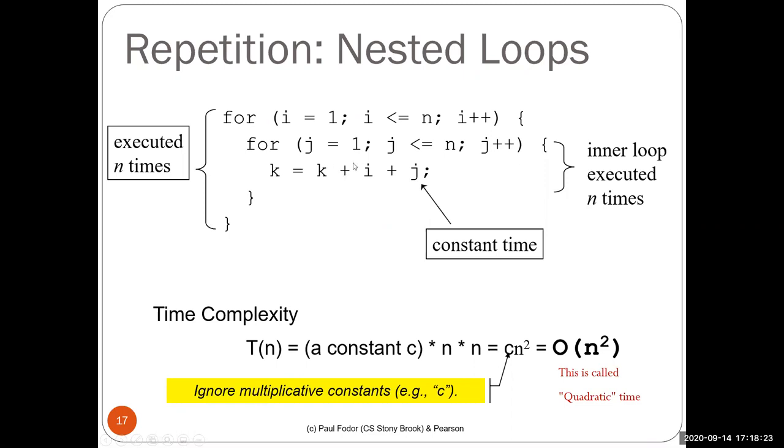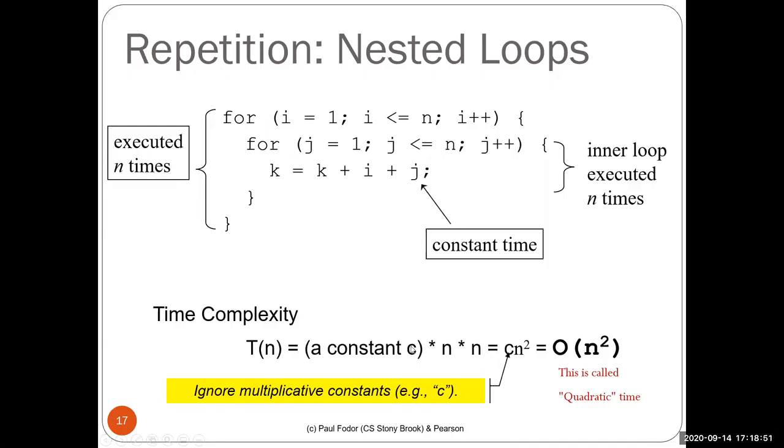We are adding i to k and then j to that sum, and we are assigning back to k. So the inner loop will take n times for every value of i. So if i equal 1, the inner loop will execute n times. For i equal 2, the inner loop will execute n times. Now, how many times will the outer loop execute? It will execute n times.